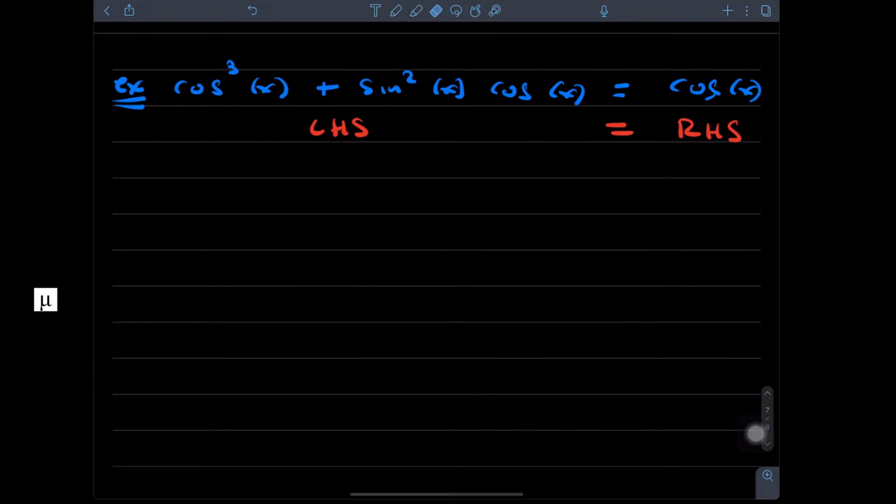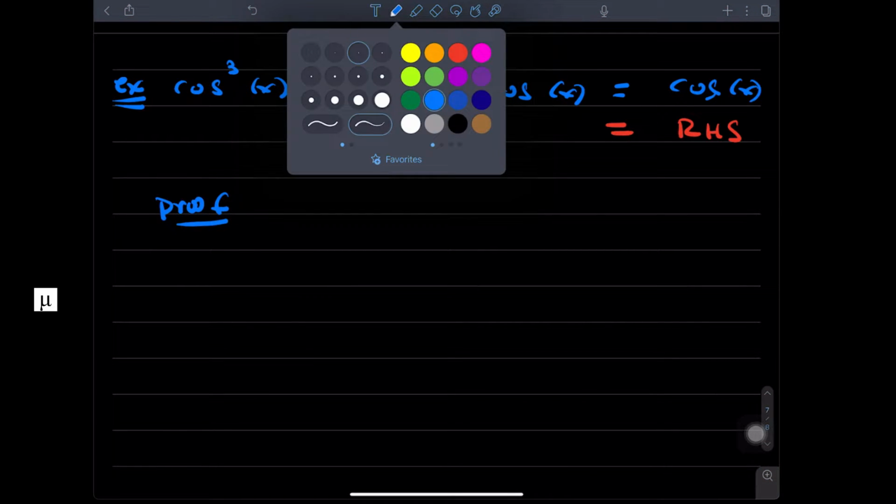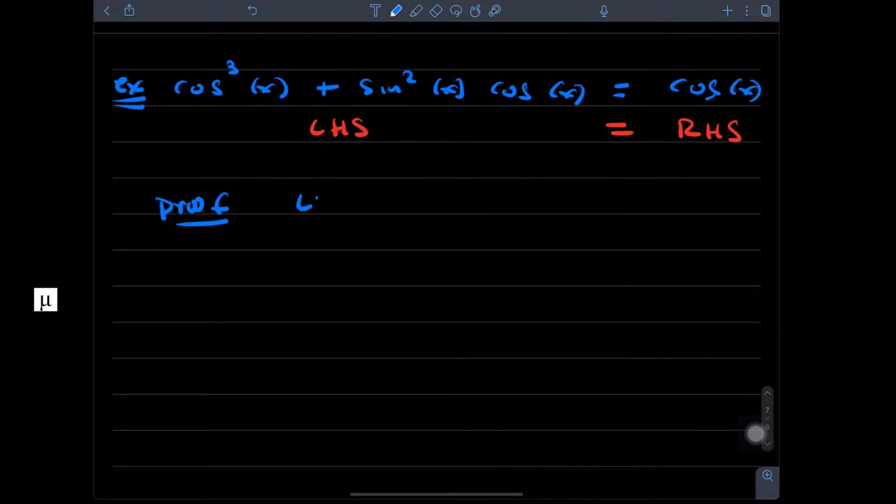We're going to prove this. What do you guys think? I'm going to say that the left-hand side, again, is more complicated. Is that right? We're going to do that.